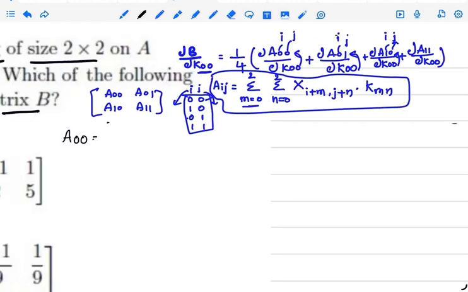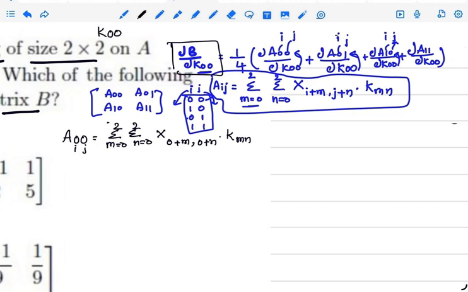For A00, i is 0 and j is 0. That is sigma m equals 0 to 2 sigma n equals 0 to 2 of x 0 plus m comma 0 plus n times k m n. But here we know k 0, 0, so m equals n equals 0.